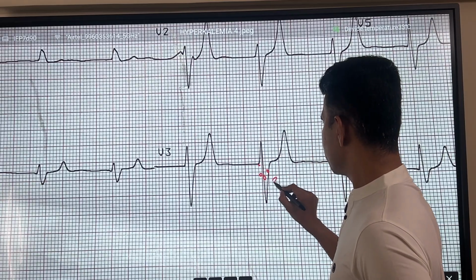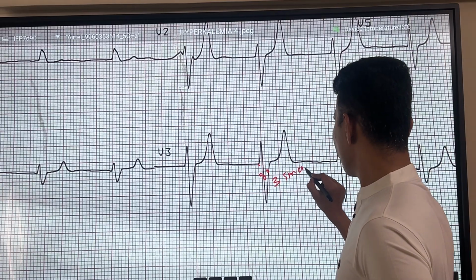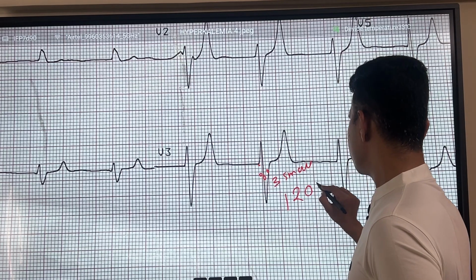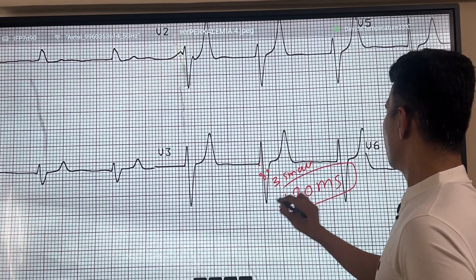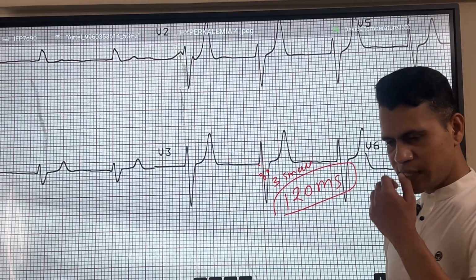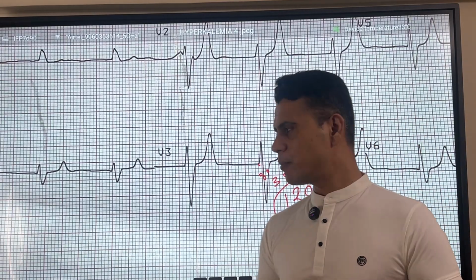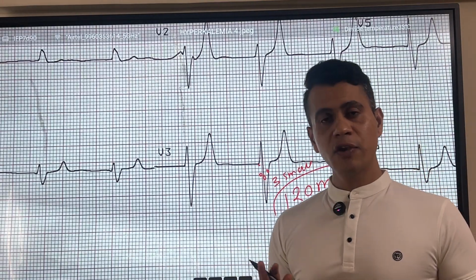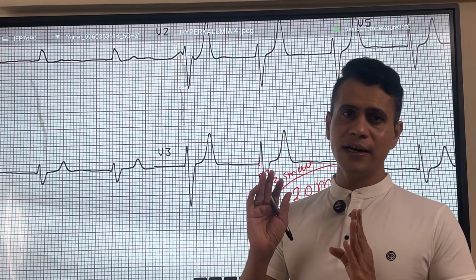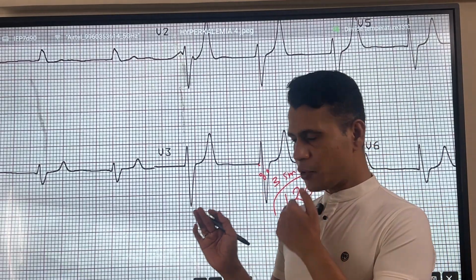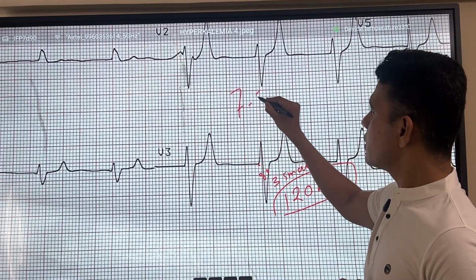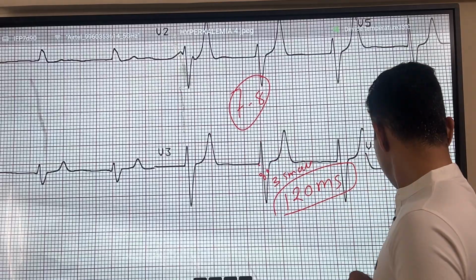So there are a total of 3 small boxes, which means 120 milliseconds. So 120 milliseconds or more, we call a wide QRS complex. So P has been lost, QRS is wide, T is tall and symmetrical, peaking, which means the potassium must be between 7 and 8.